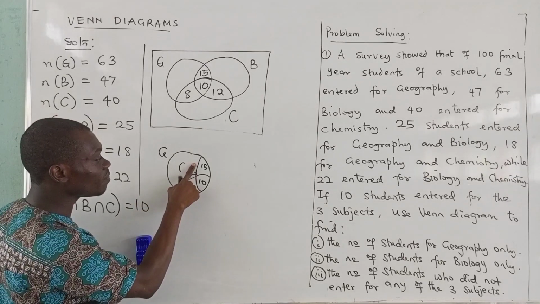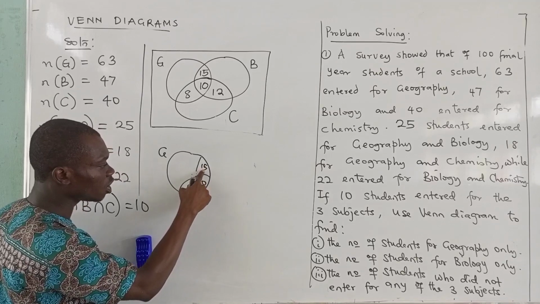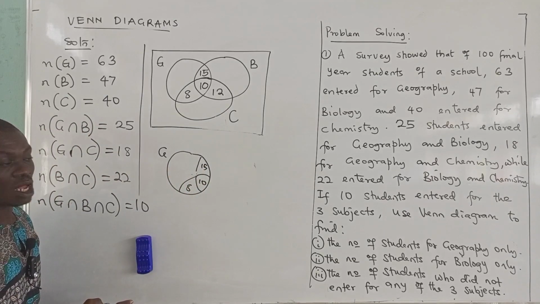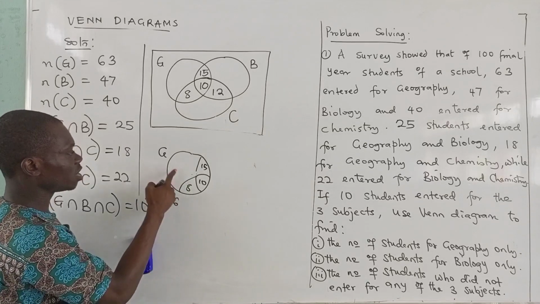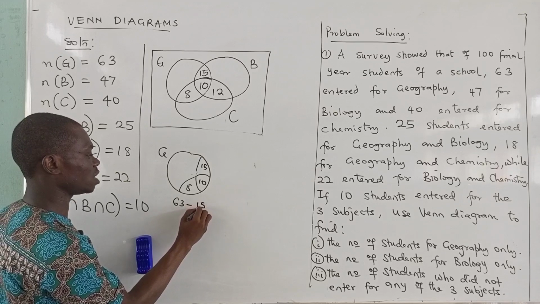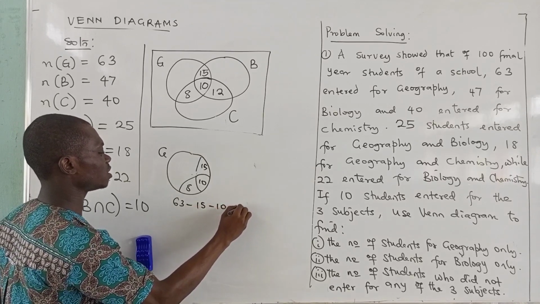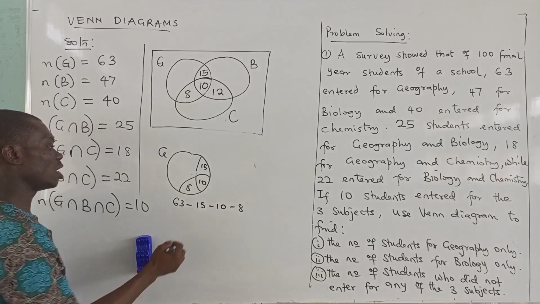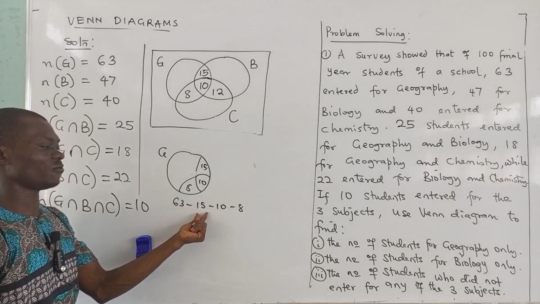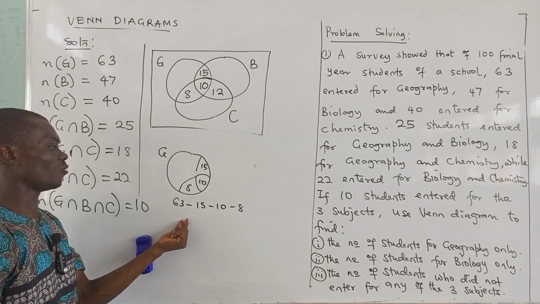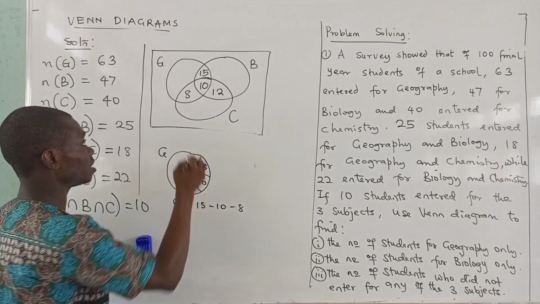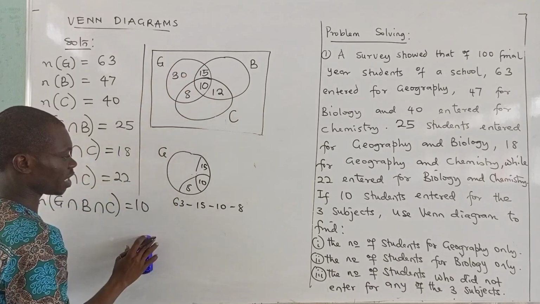And so the remaining, after you have removed all these 3 numbers, is what you are going to find in this place. And so that means that the G only is going to be 63 minus 15 minus 10 minus 8. And when you do that, 63 minus 15 is going to give us 48. Minus 10 is 38, minus 8 is 30. So you have 30 here.